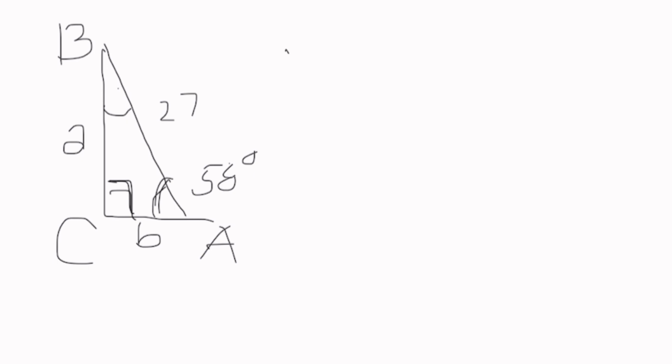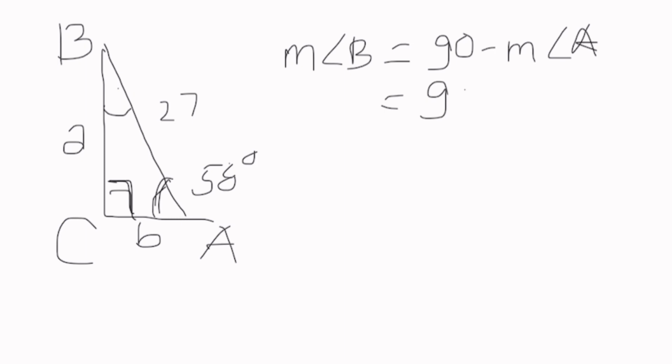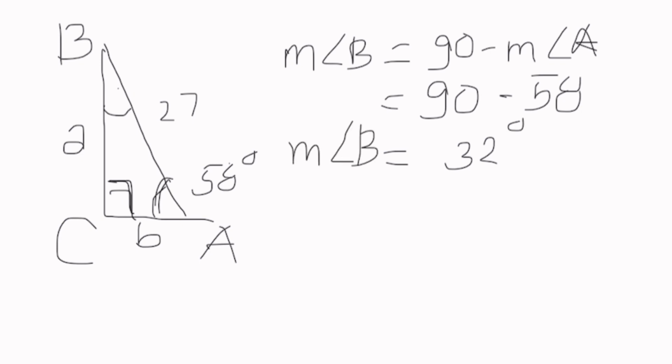So finding the measure of angle B will be equal to 90 minus the measure of angle A. So this will be equal to 90 minus 58, and 90 minus 58 will be equal to 32 degrees. So the measure of angle B is 32 degrees.